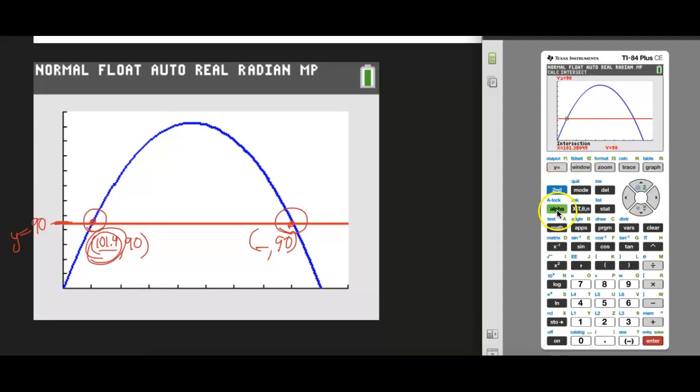And I could do the same thing again, second trace, intersect, but this time I would need to move closer to the other point of intersection before I answer those 3 questions. Yes, yes, yes, with enter, and it gives me 801.7.